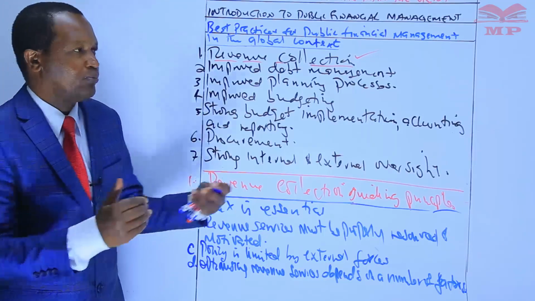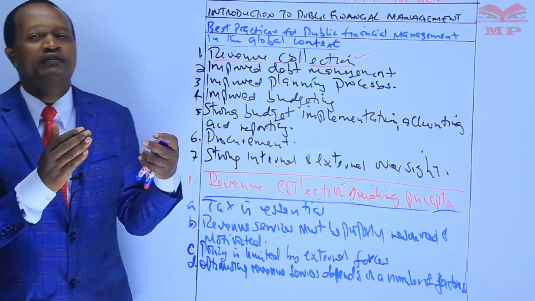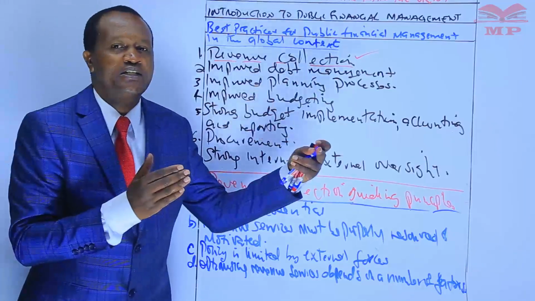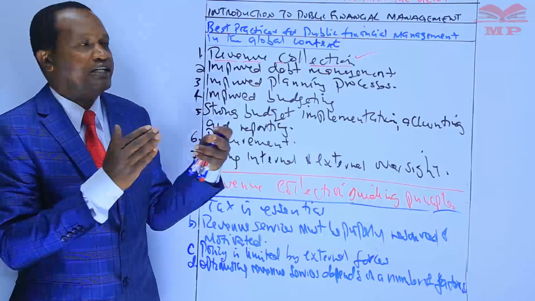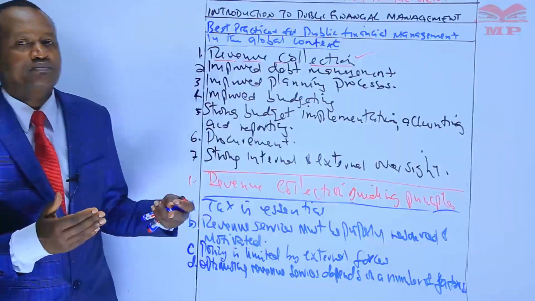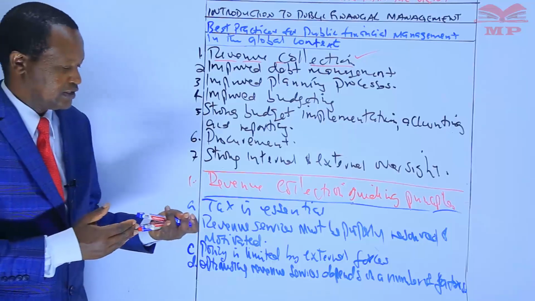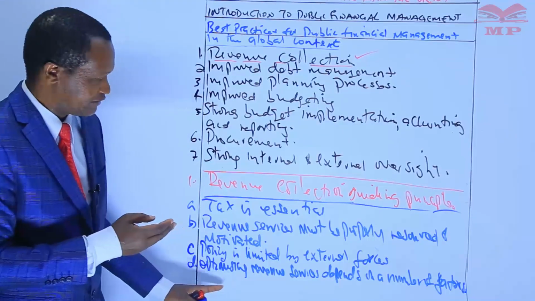By human capital, we're referring to revenue services staff who should be properly motivated and managed. Then number four, we are looking at the factors.